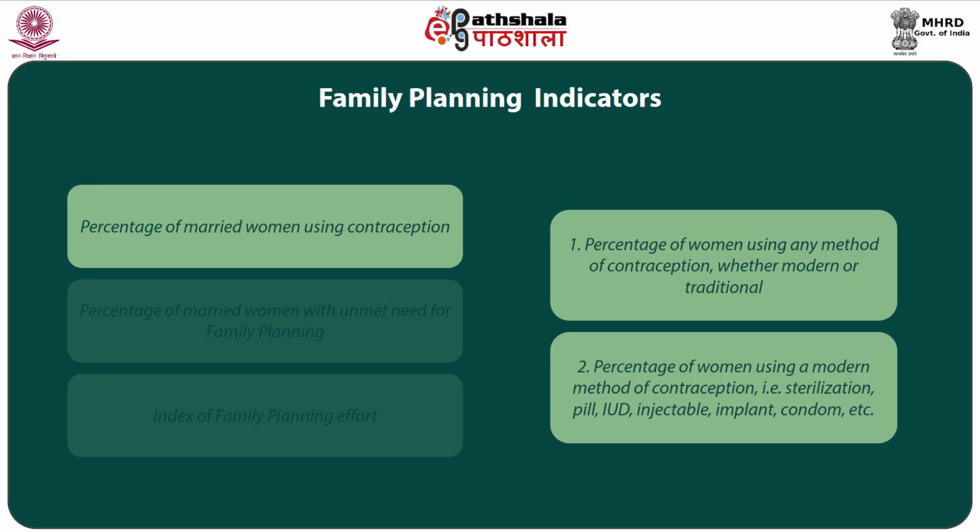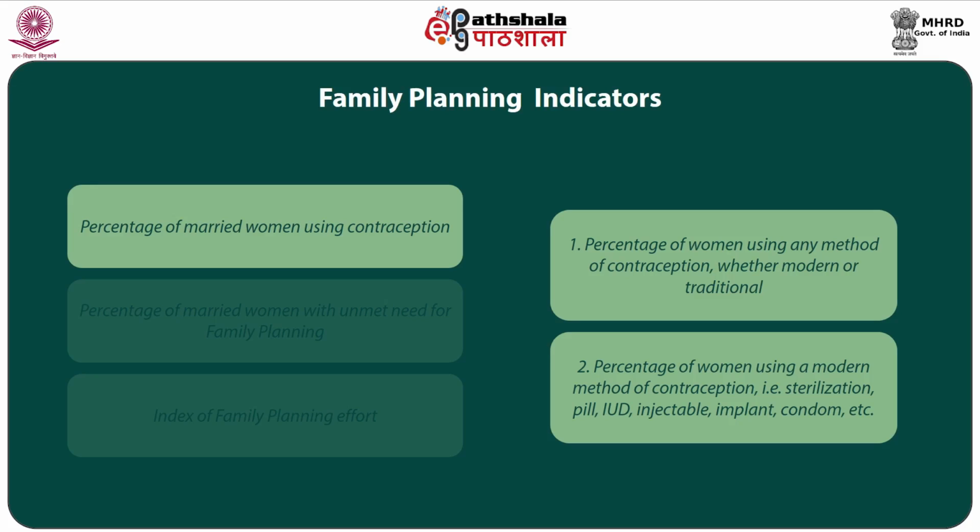These are all modern methods. We also have traditional methods like rhythm method, safe period, withdrawal, like that. So, the first indicator talks about the use of modern or traditional methods of contraception. The second one is the percentage of women using a modern method of contraception. The second one talks about only the modern methods, the first one talks about modern as well as traditional methods.